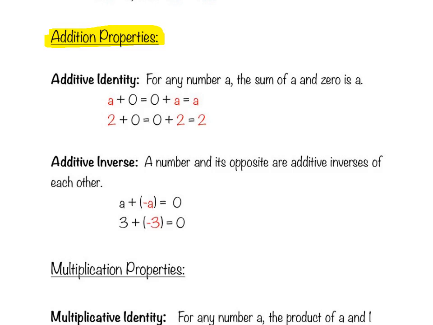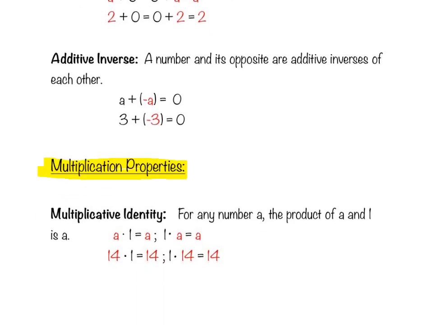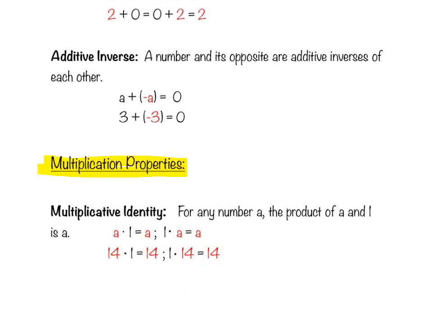All right, let's move on to multiplication properties. The first one is the multiplicative identity property. Multiplicative identity, and here's what it says. It says that for any number a, the product of a and 1 is a.